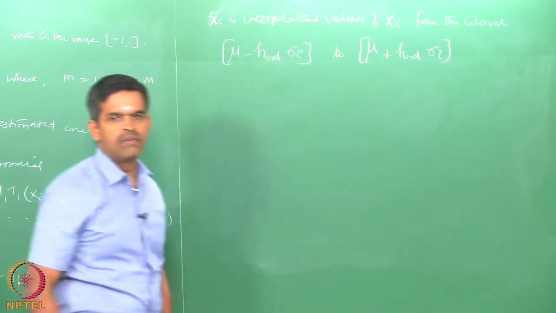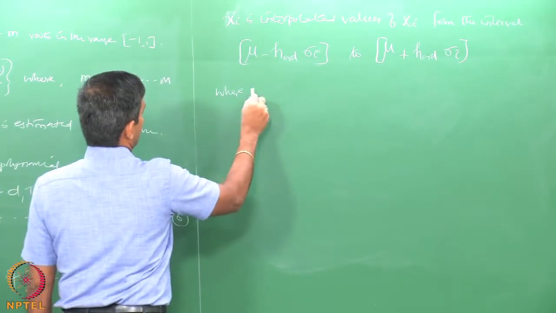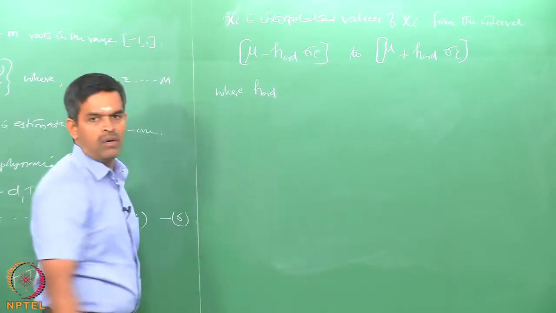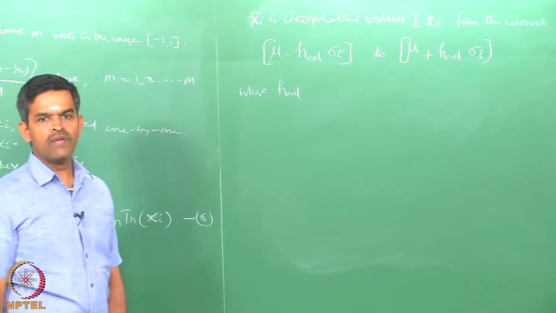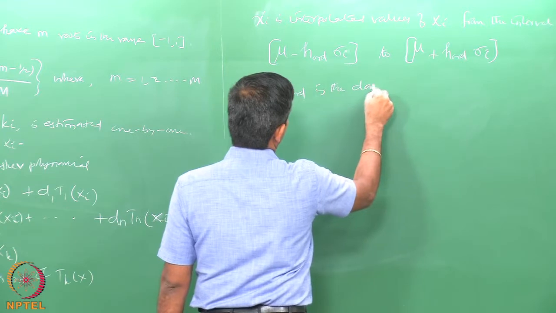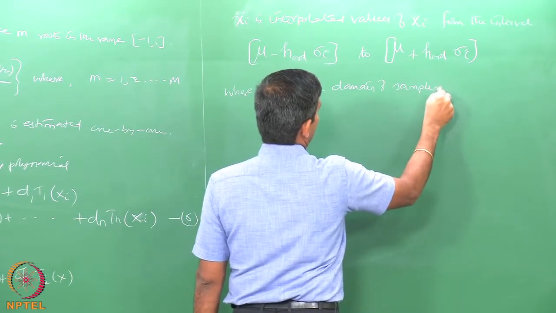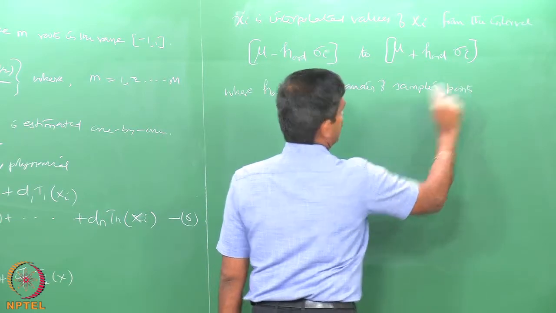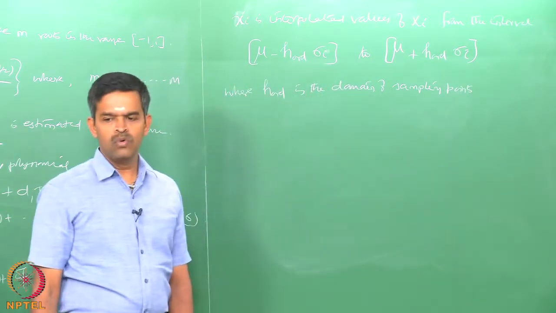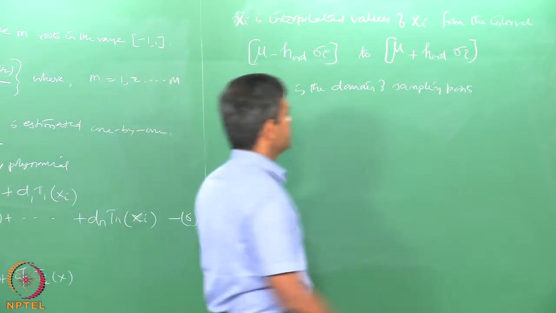That is the interval where h is the domain of sampling points, used to determine the polynomial degree of approximation.